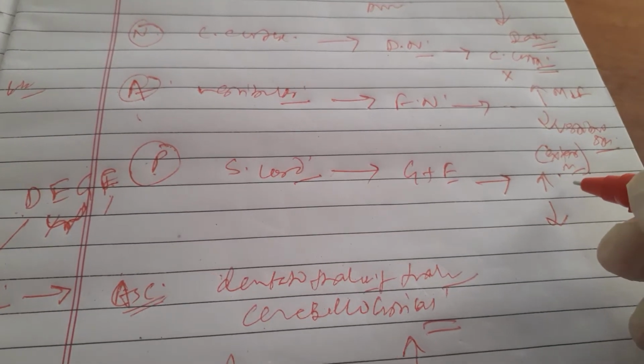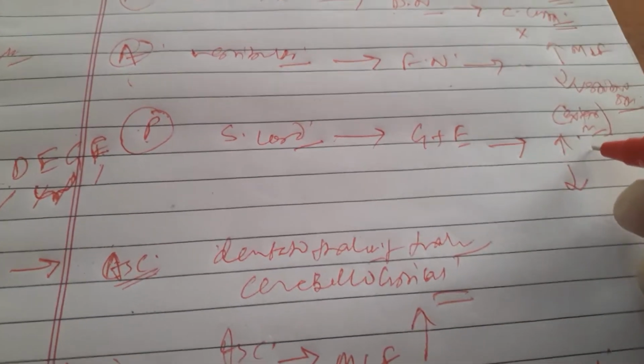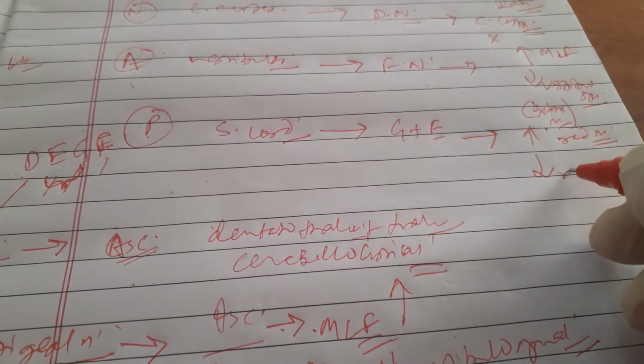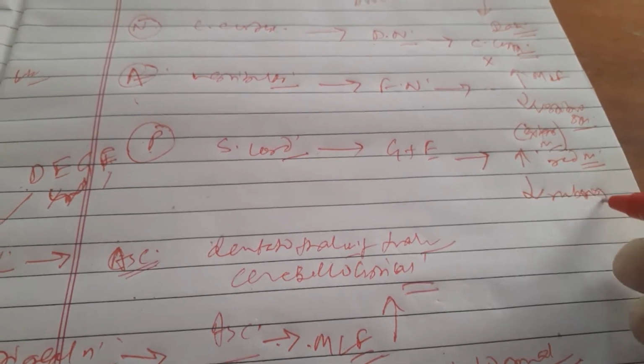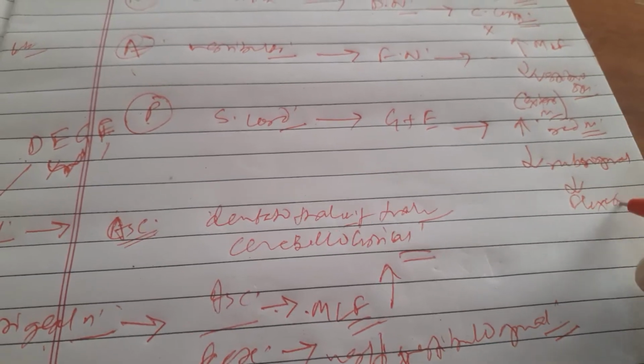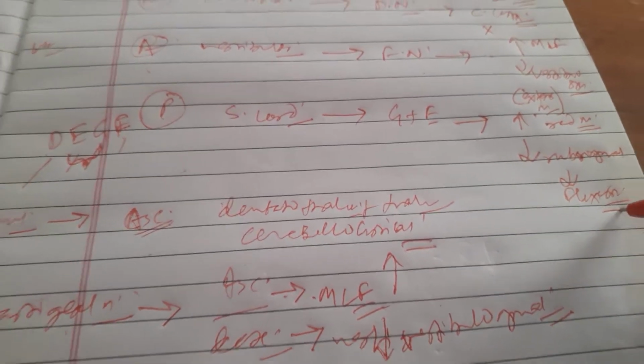Ascending fiber is going up to the red nucleus, and the descending fiber is the rubrospinal, which is going to the flexor muscles or anti-gravity muscle. Okay.